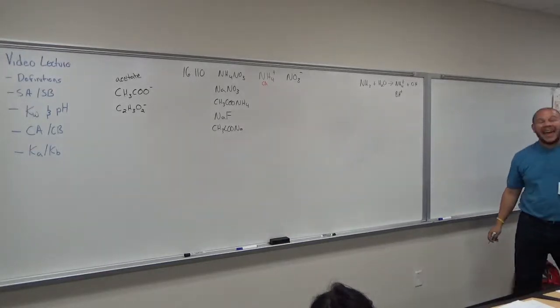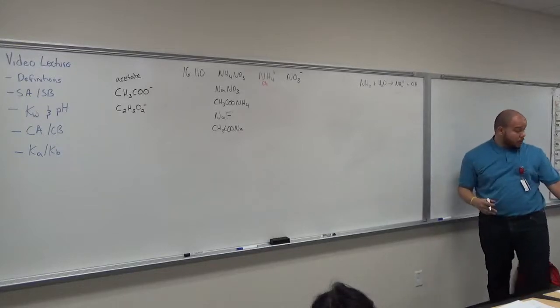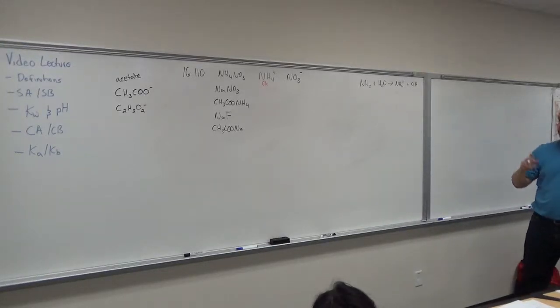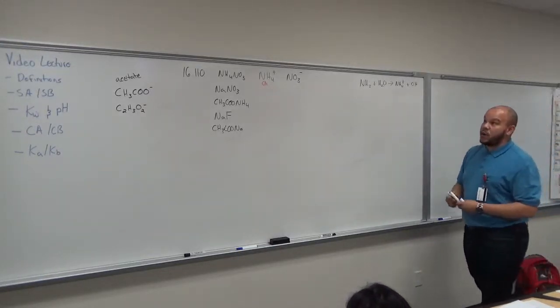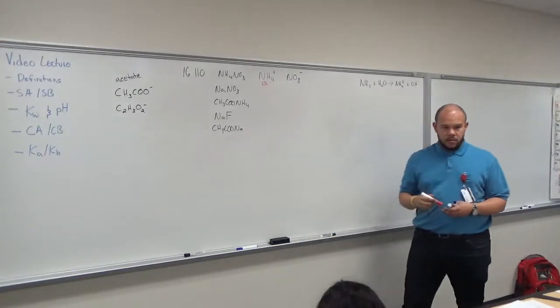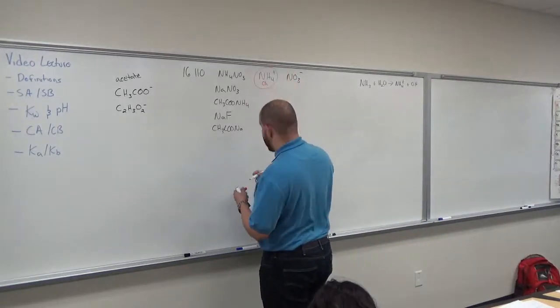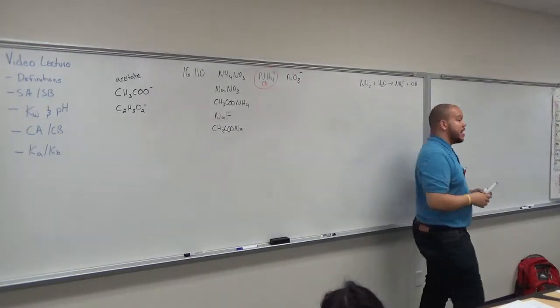Polyatomic cations are acidic. Okay, you need to go to your reference to determine that. So we got a conjugate acid. So we do have some level of acidity. What about nitrate? Nitrate is a conjugate base.